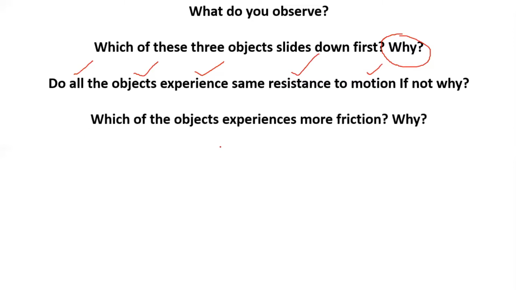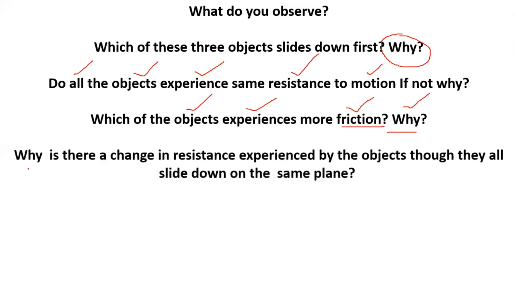Which of the objects experiences more friction and why? Let's discuss why there is a change in the resistance experienced by the objects when they all slide down the same plane.